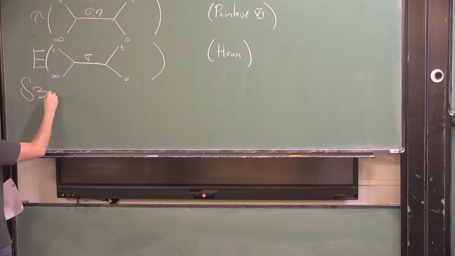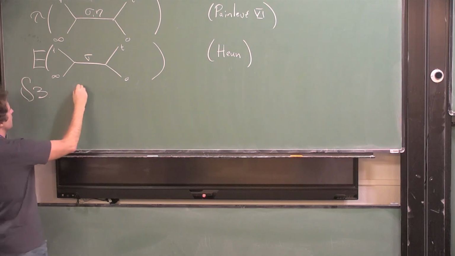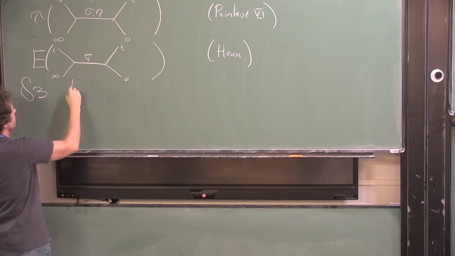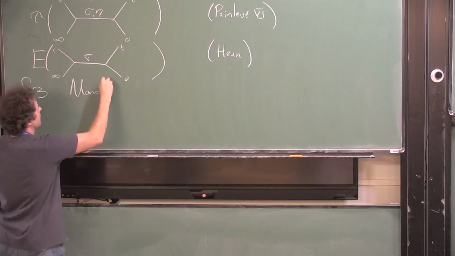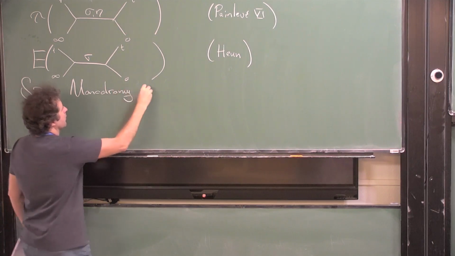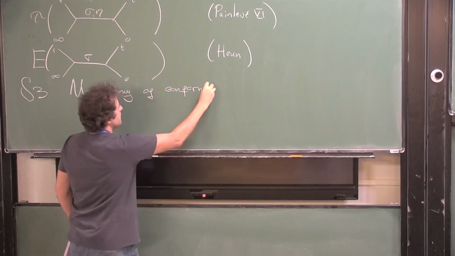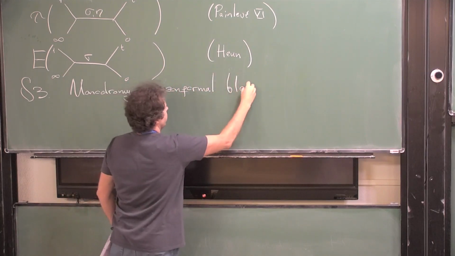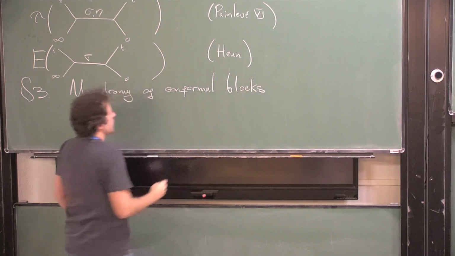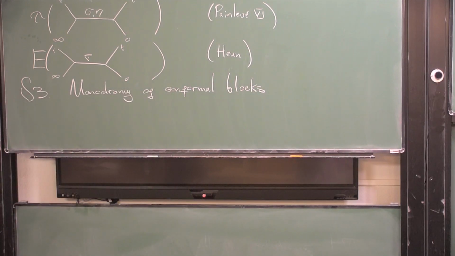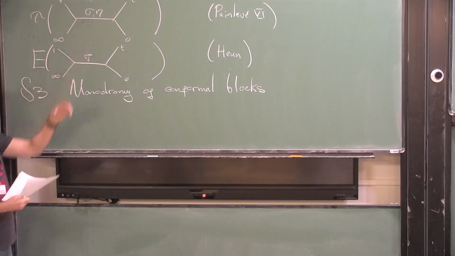Okay, so let me start the third part. So monodromy of conformal blocks. As we have seen in many of the previous talks, if you want to define Virasoro conformal blocks on this here, we need precisely this kind of data that we had over here.